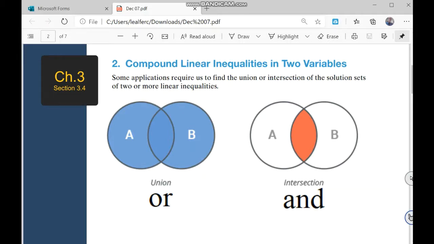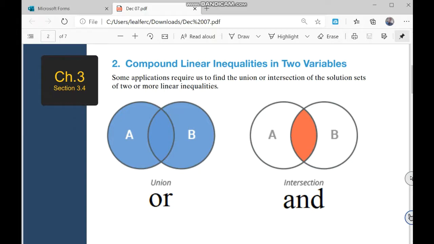Remember, this is from previous math grades. What is union? What is intersection? If you have set A and set B, the union, represented here in these diagrams, is going to be the whole thing, the whole A and B, the whole blue thing.